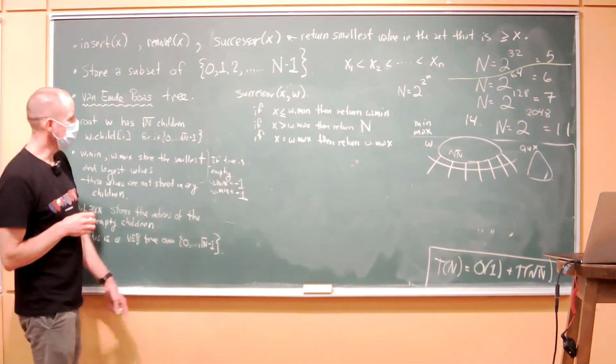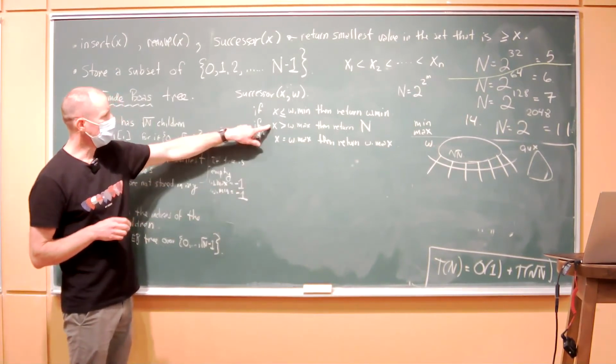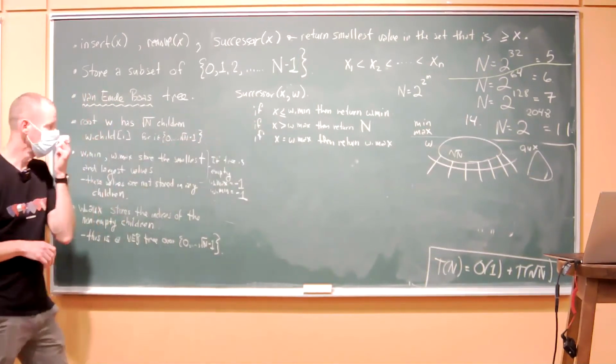So in this case, if the tree is empty, w.max is -1, so this will return infinity. There's nothing in there. You're set.